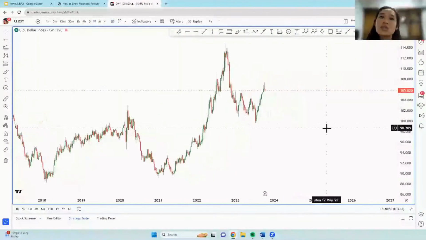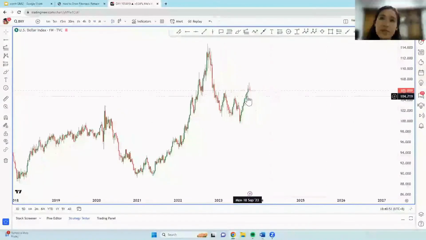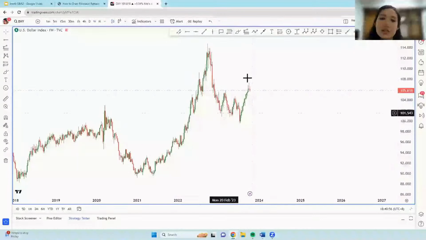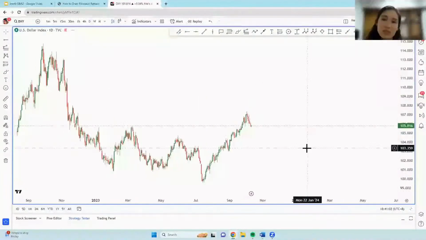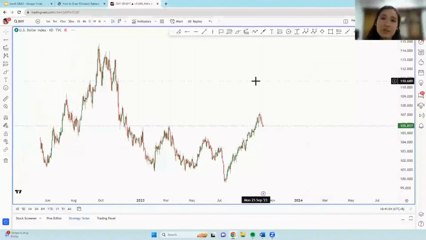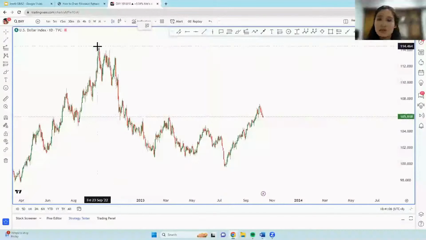Here's our weekly time frame. We see prices generally in an uptrend, but there is a slight reversal over here. Let's look at our lower time frames.